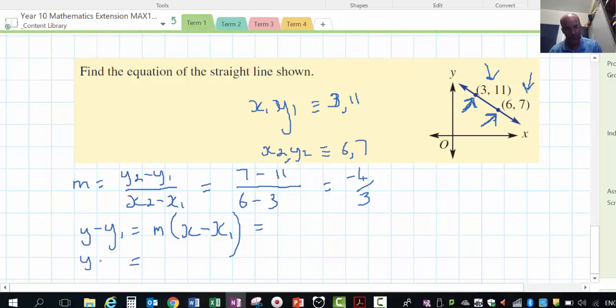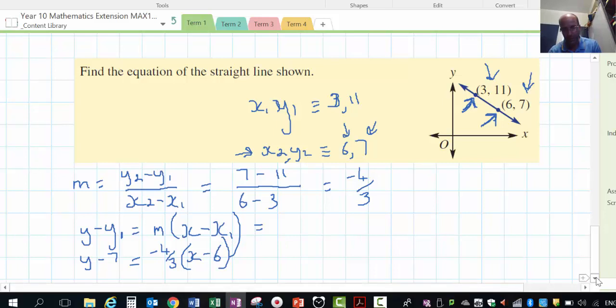Now I said y1 was 7, so y minus 7, and I could have used the other point, by the way, and we've got the gradient from the previous step, negative 4/3, x minus the x1. As long as you use the same point, so I've used the y from point 2, even though the formula says 1, I need to use the x value from that same point. It doesn't have to be y1 x1 as long as it's the same point.